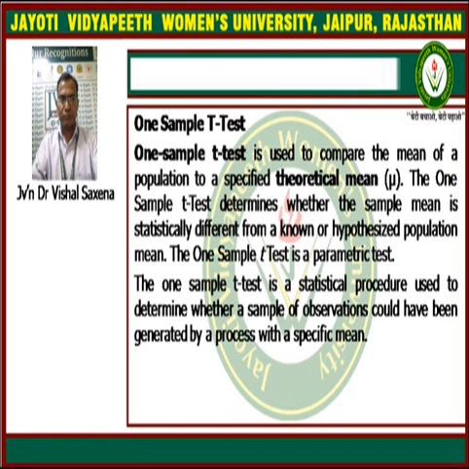The one sample t-test is a parametric test, a statistical procedure used to determine whether a sample of observations could have been generated by a process with a specific mean. So mainly we are discussing the difference in the mean of our population or sample and the hypothesized population mean.